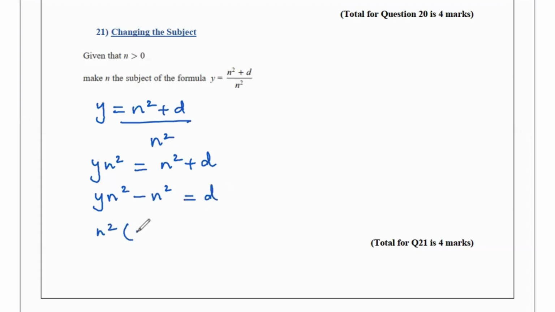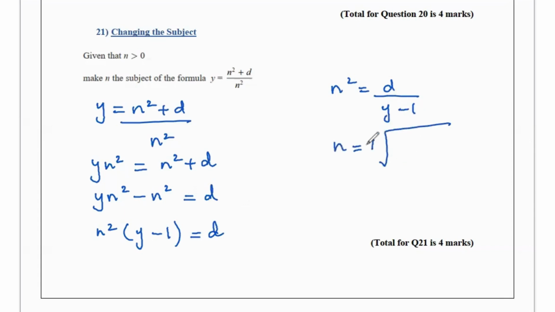Take n squared common. n squared times y minus 1 equals d. n squared equals d over y minus 1. n equals square root plus minus d over y minus 1. This saying n is greater than 0 means n would be the positive square root of d over y minus 1. We don't use the negative value.